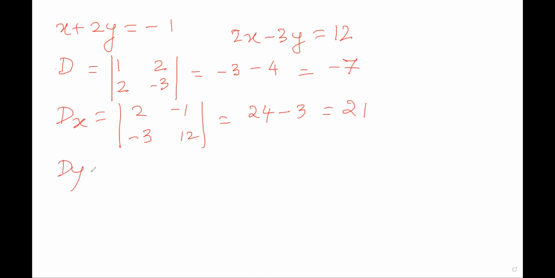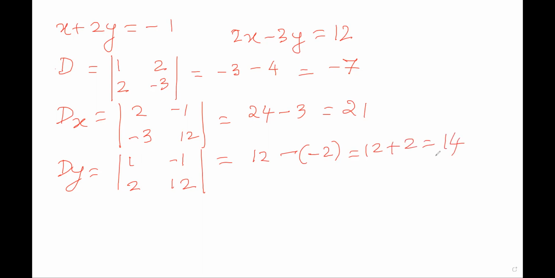What about Dy? Dy would be 1, minus 1, 2, 12. This becomes 12 ones are 12, minus 2 into minus 1 is plus 2, so this becomes 12 plus 2 equal to 14.